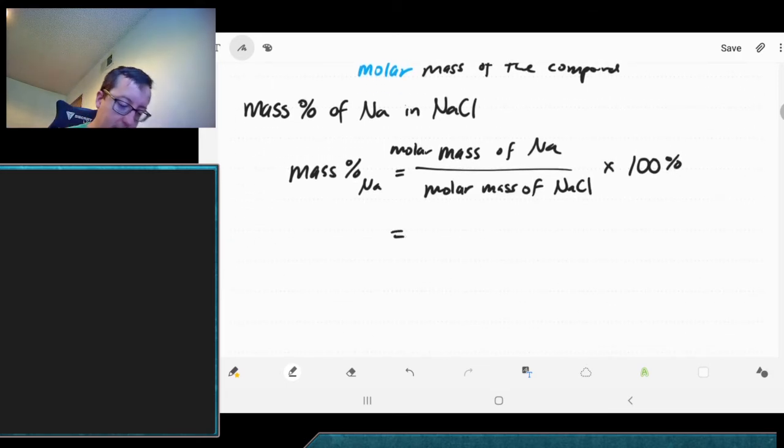If we do this, again, we're going to look at our periodic table. We're going to find the elements and we're going to add them up. I happen to have these two memorized, so we're going to just copy that.